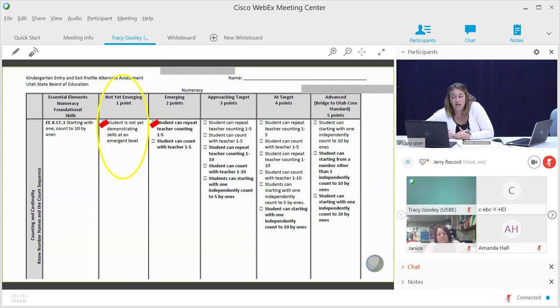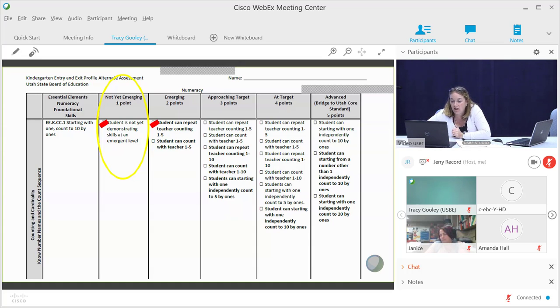So we really had a hard time backwards chaining, if you will. So you're going to notice within the math rubrics, there's a lot more like hierarchy of prompting that goes into the skill sets. So student can do with teacher, student can do independently. And so that's what helps move them through the rubrics.